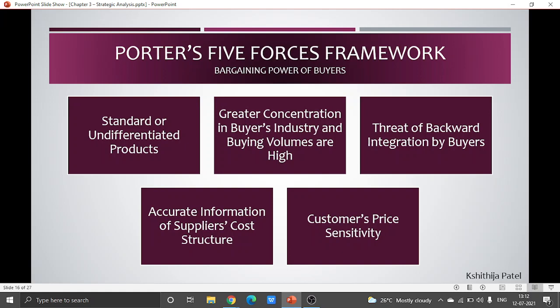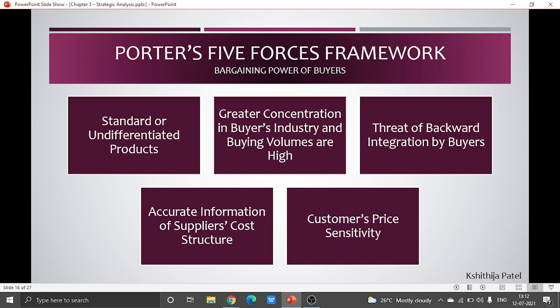This will mean that the buyers undertake the activities of manufacturing or distribution for which they have been dependent on suppliers till now. For example, a textile company may go in for backward integration by having its own thread production.